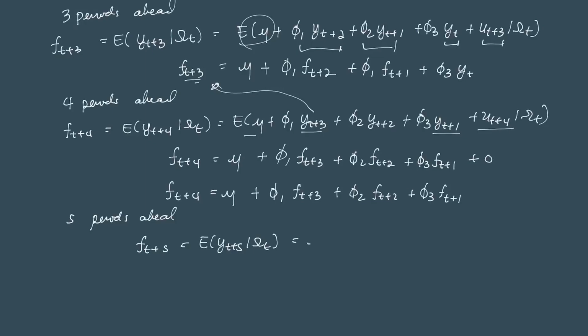That's mu plus phi 1 ft plus s minus 1 plus phi 2 ft plus s minus 2 plus phi 3, sorry, I was going to write theta, it's supposed to be phi, so plus phi 3 ft plus s minus 3. Note, for example, we are here at 4, so 4 minus 1 is 3, which is why it looks like this. Then this one corresponds to that one. So we can start to see that definitive trend.